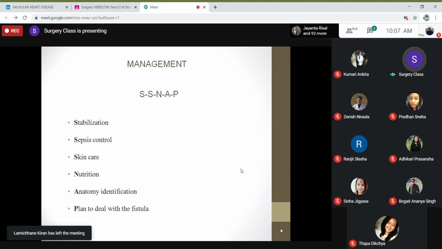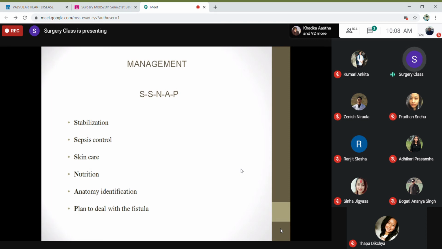So management: these are some mnemonics that I used when I was a student, so I've kept them for you. Just don't try to remember only the mnemonics, try to understand it. Stabilization of the patient, sepsis control, skin care, because the fistula will excoriate the skin, and then if it is an enterocutaneous fistula, nutrition.